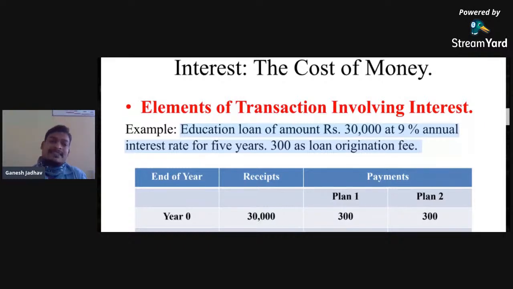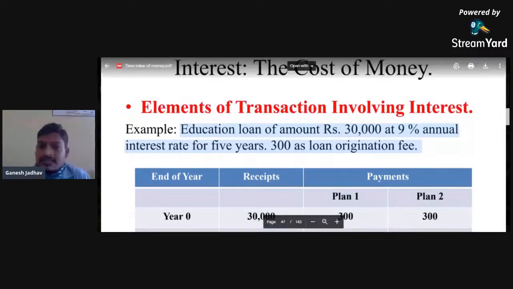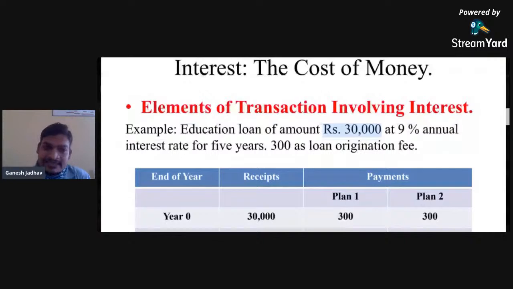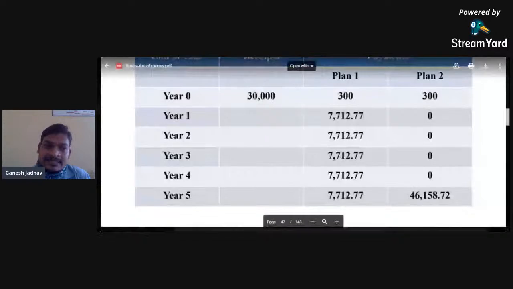Okay, this is the original fee. So the educational loan amount is the 30,000 at 9% annual interest rate for the 5 years.